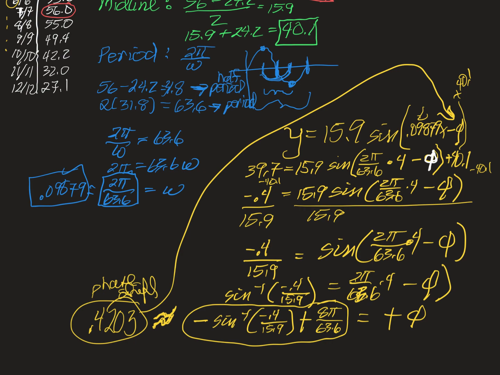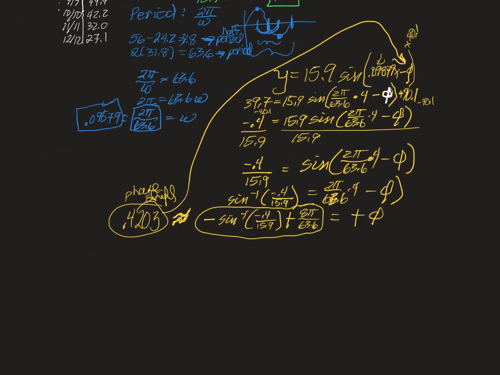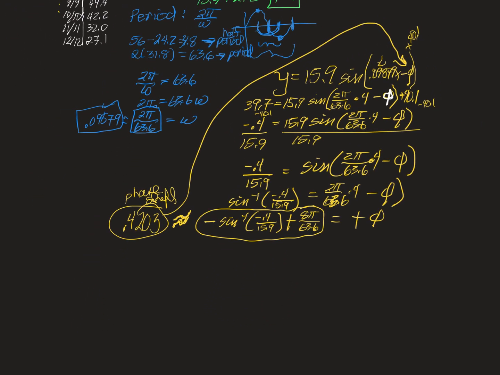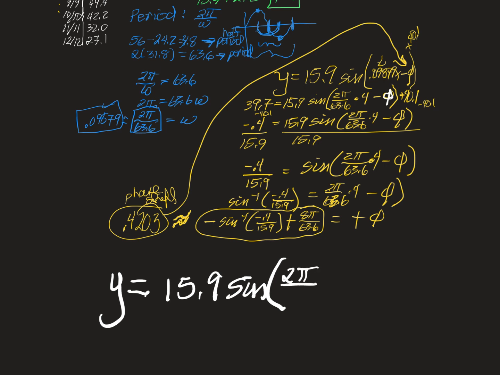So now I can write the whole function, and here's your final answer: y equals 15.9 sine of 2 pi over 63.6 times x minus phi, 0.4203, because we don't want to enter this whole thing there.